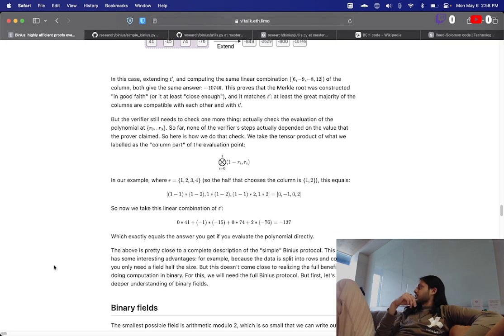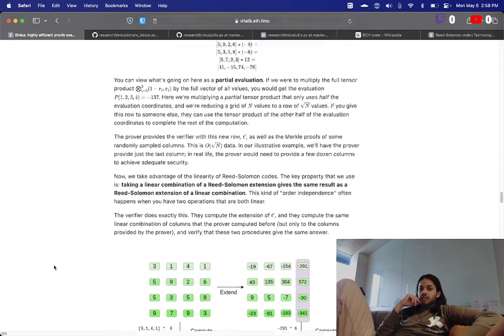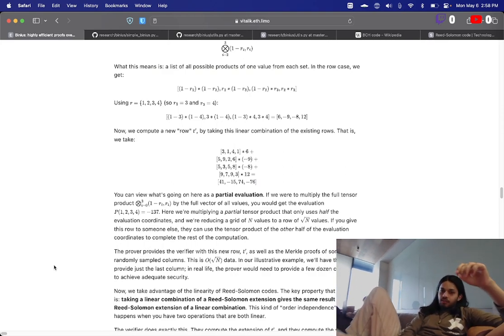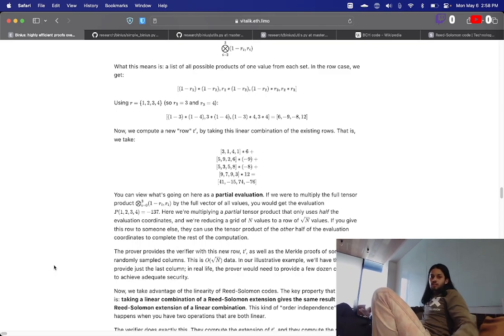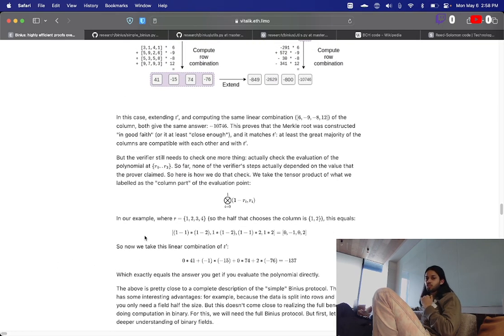I figured out where they got negative 137 from. Basically, the two things to connect here are the section where he first mentions negative 137 as the full tensor product over all three R's, and the second section where he actually calculates that negative 137 one value at a time.